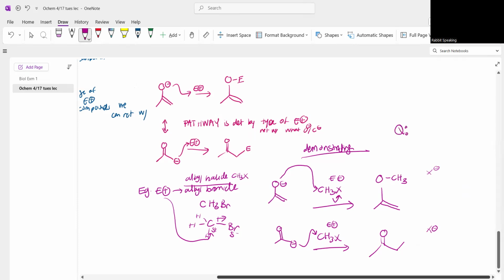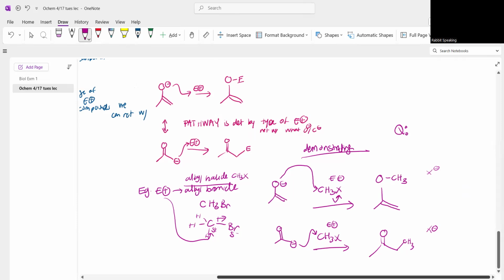Now the question is, which of these two pathways is favored? So let's write CH3 here so we understand. Does our electrophile react with the negative charge on the oxygen or the negative charge on the carbon?